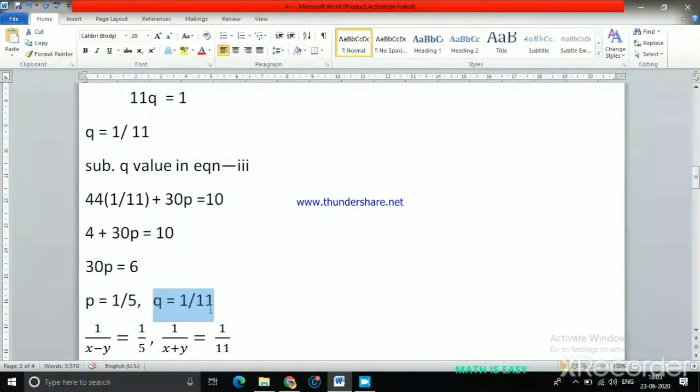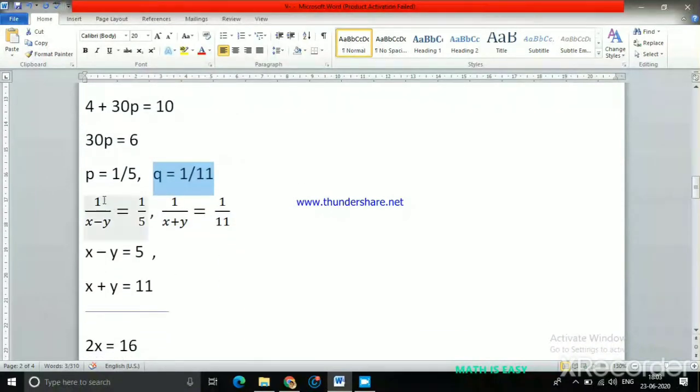Q value is 1 upon 11. But we assumed p value as 1 upon x minus y, equals 1 upon 5. And Q value I assumed as 1 upon x plus y, so 1 upon x plus y equals 1 upon 11. Now here you have fractions. You take the reciprocal of each fraction on both sides of the equality.